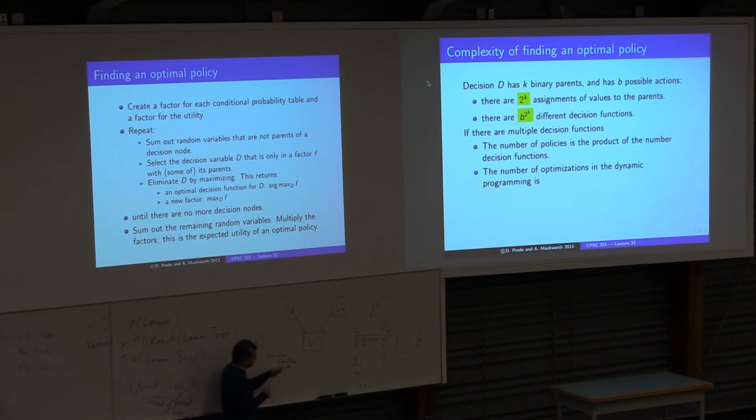Well, don't we maximize for this one? We put in the value here. We maximize for this one. We put in the value here. We maximize for this one, and we maximize for this one. So we do them each separately. How many does that give us? That gives us just one for each value assignment to the parents. So we only do 2 to the k maximizations.